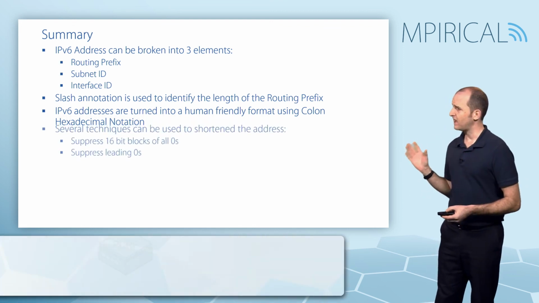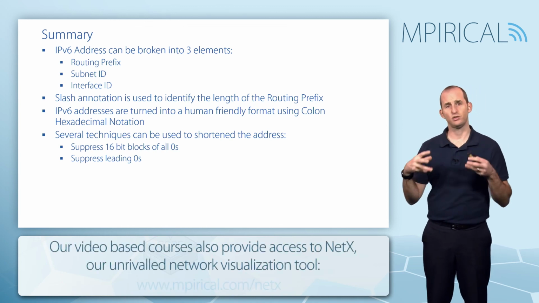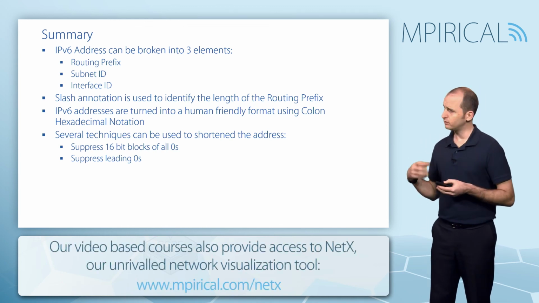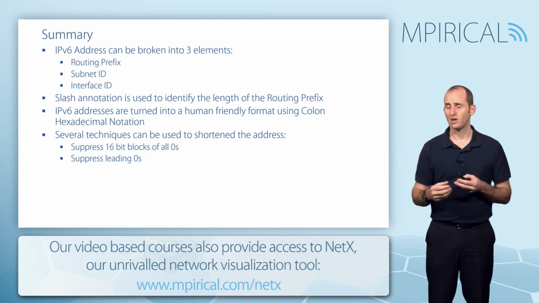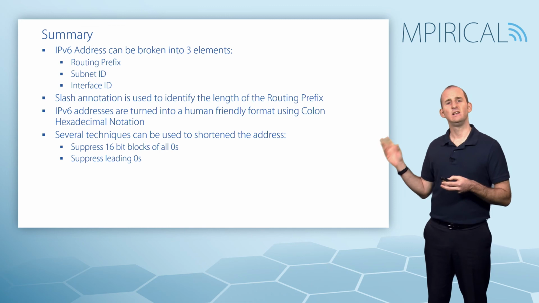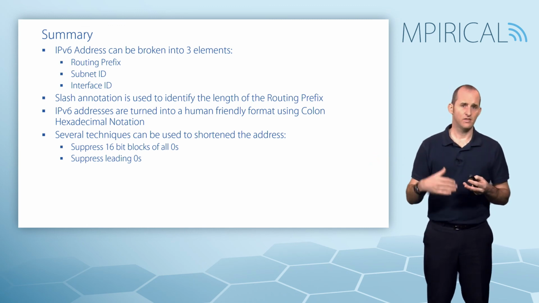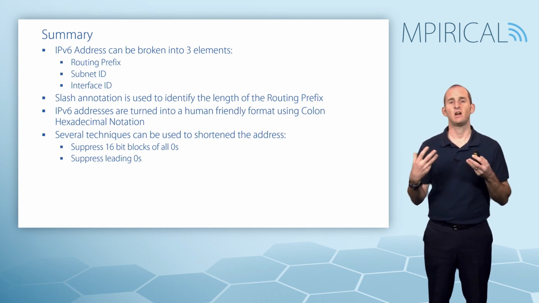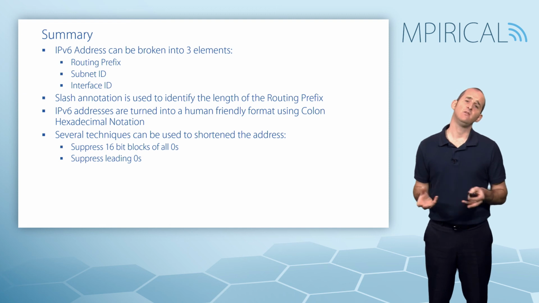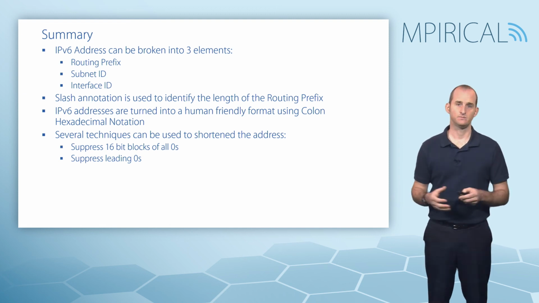And there are various techniques that can be used in order to shorten that address down. And we looked at the concept of suppressing 16-bit blocks of all zeros, and we also looked at suppressing leading zeros. But remember, the IETF have indeed laid down a set of guidelines which, if we adhere to, it means that we can have consistent global IPv6 addressing annotation.